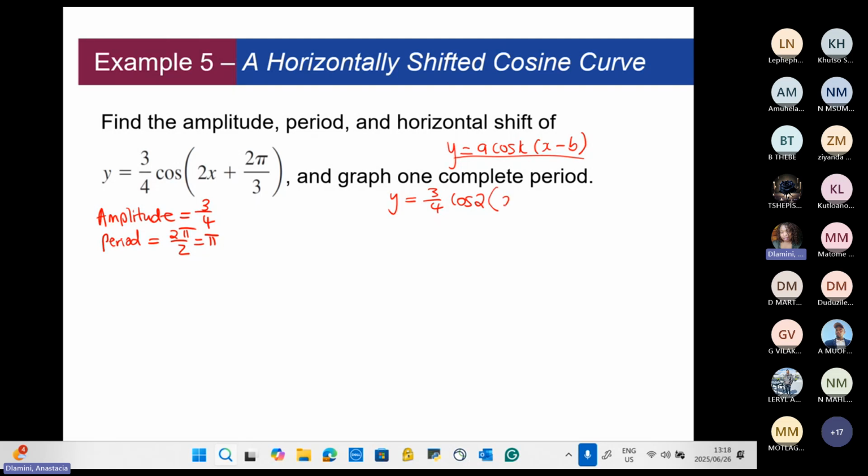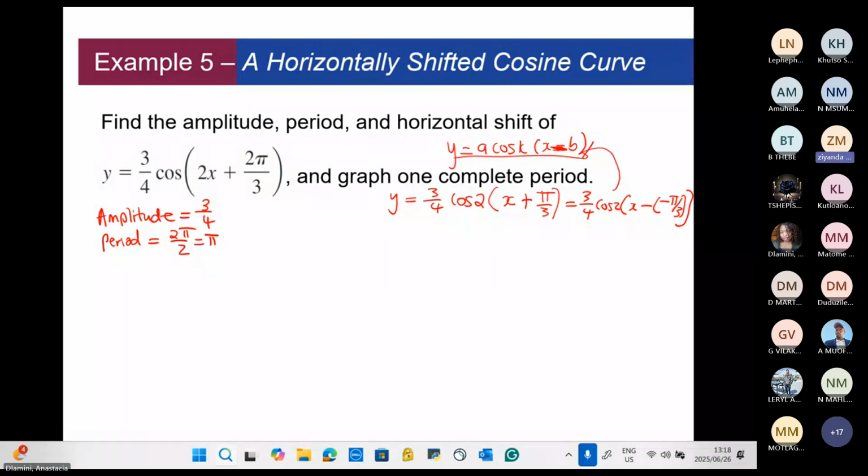Then you remain with x plus pi over 3. But because it's a negative here, let's make it a negative. So this will be 3/4 cos of 2x minus pi over 3. So this looks like this.